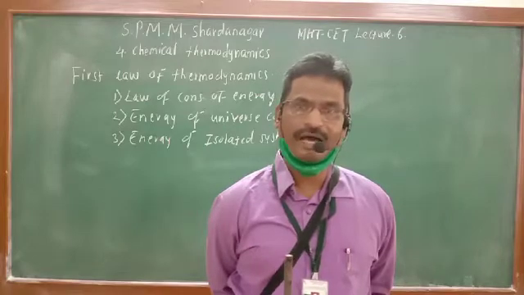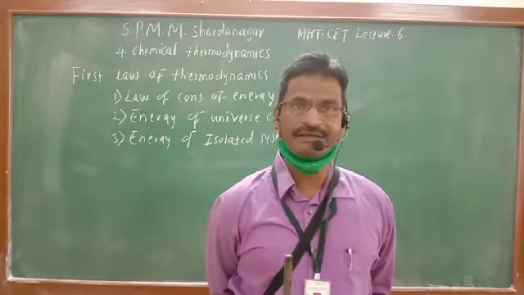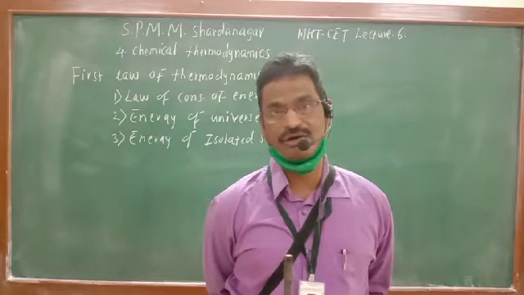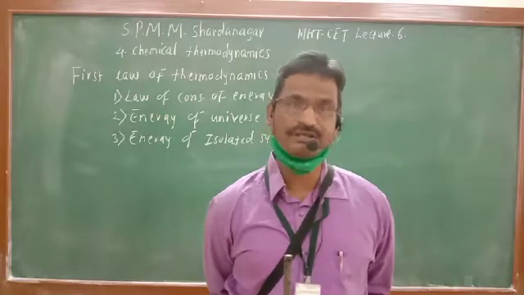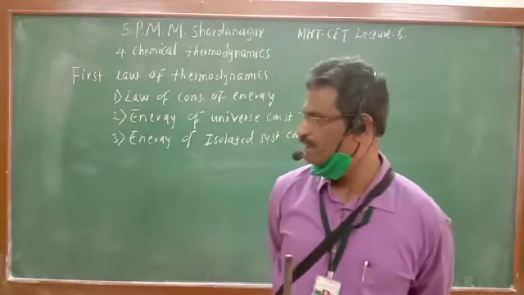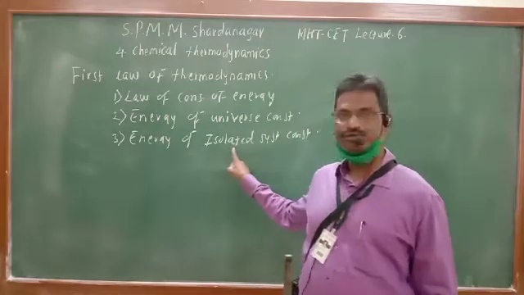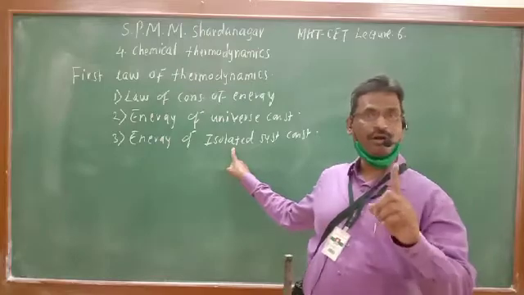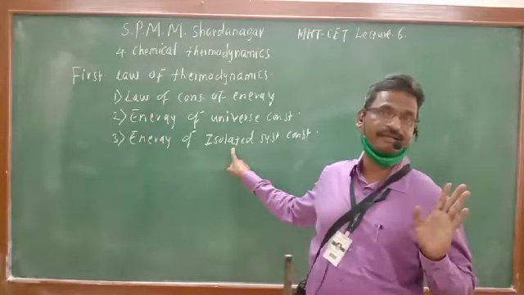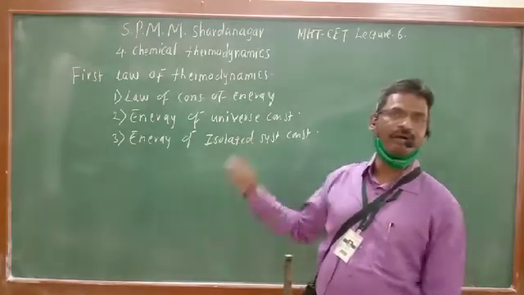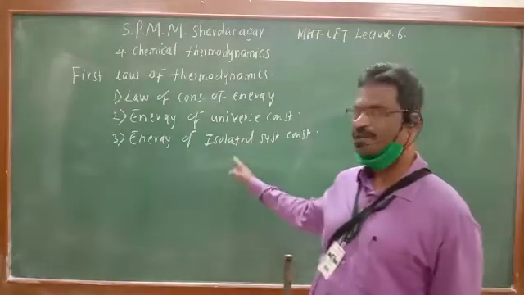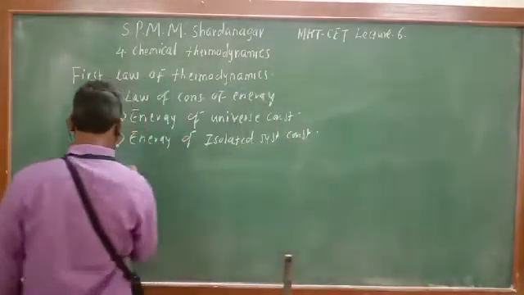And in an isolated system, there is neither exchange of energy nor exchange of matter with the surrounding. Since in an isolated system there is neither exchange of energy nor exchange of matter, therefore the energy of an isolated system remains constant. And one more statement is there, the fourth statement.